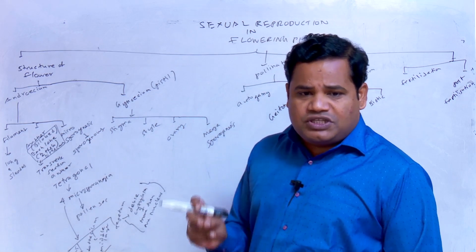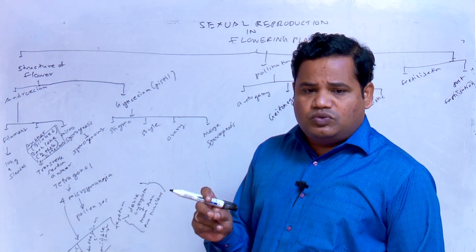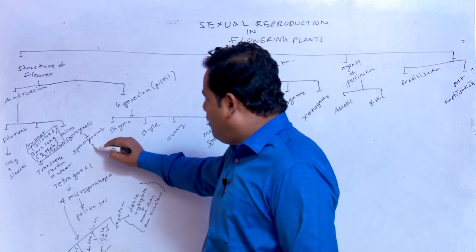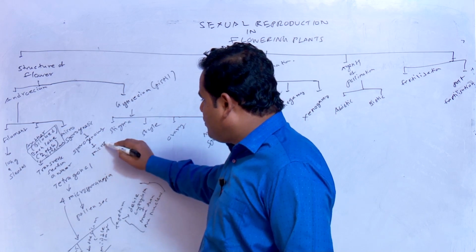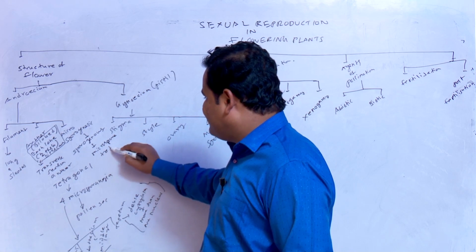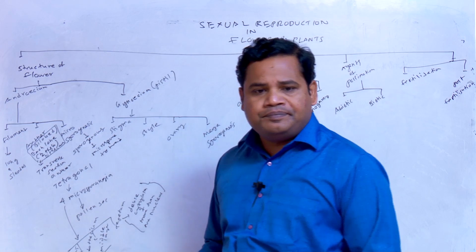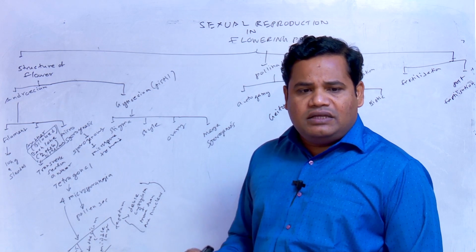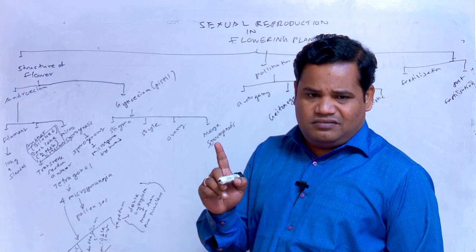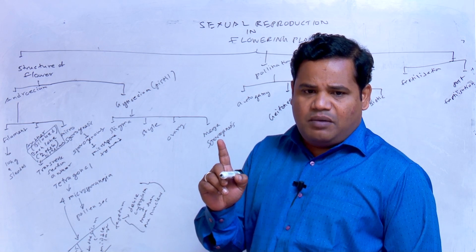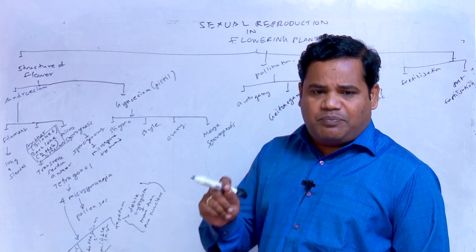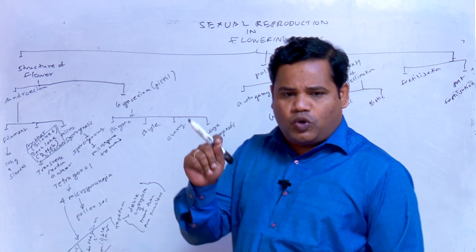This sporogenous tissue produces an important thing called microspore tetrad, and each one is a potential pollen grain, or a microspore mother cell.